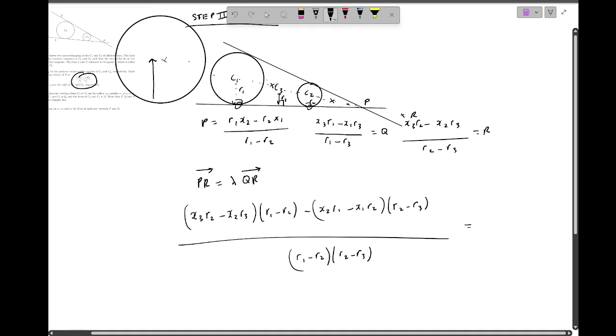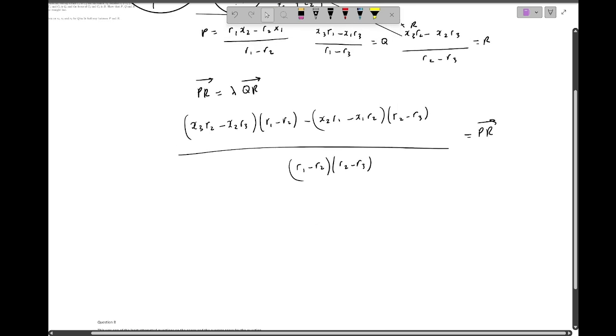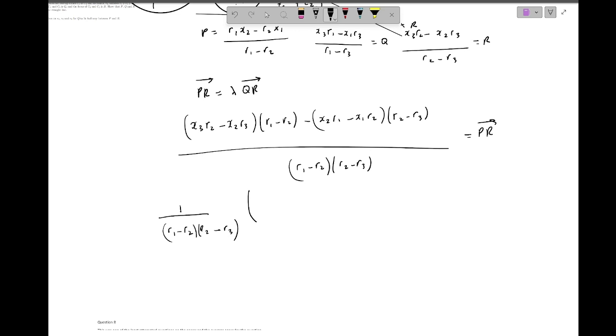That's PR. Okay. Now let's take this out, so we get 1 over r1 minus r2 minus r3. Now here it gets pretty algebraically finicky, but we just need to trust the process and hope we get something good coming out.